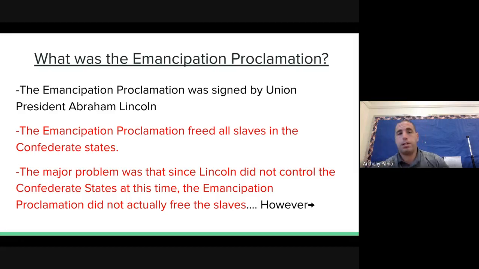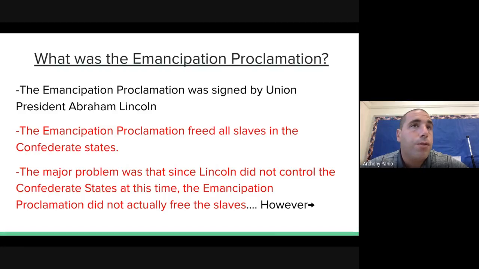So let's break down a couple things. The Emancipation Proclamation was signed by Union President Abraham Lincoln in the middle of the war, 1863. The Emancipation Proclamation freed all slaves in the Confederate States. I'll say that again. The Emancipation Proclamation freed all slaves in the Confederate States. Now, that should say a couple things. In the North, in the Union, you had very few states that owned slaves.